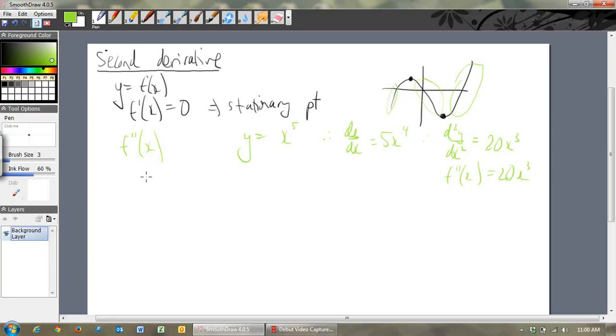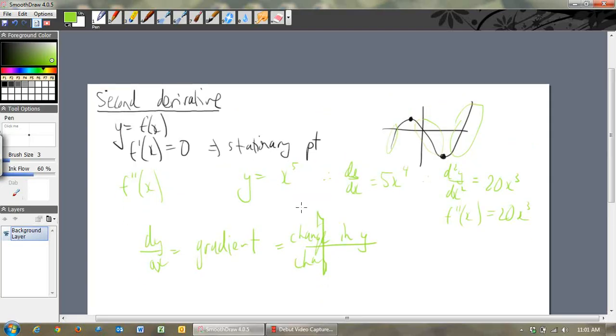Now if you think about what this means, remember, dy by dx tells you the gradient. In other words, it's the change in y over the change in x.